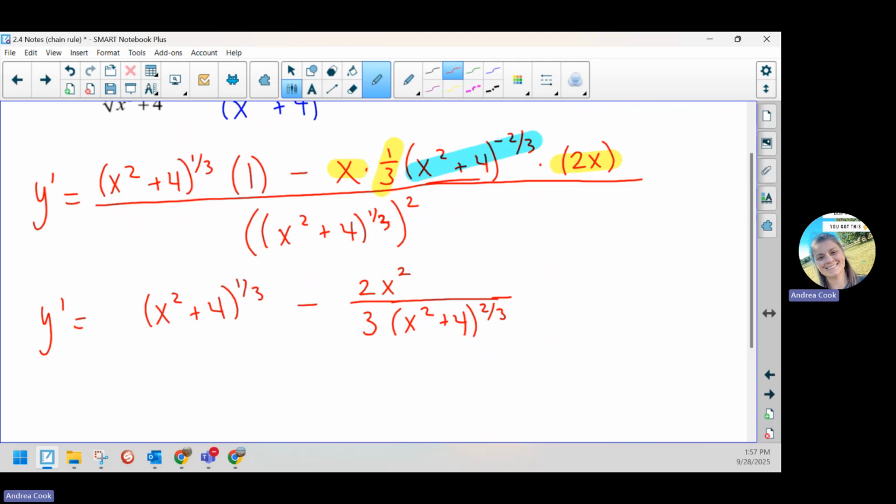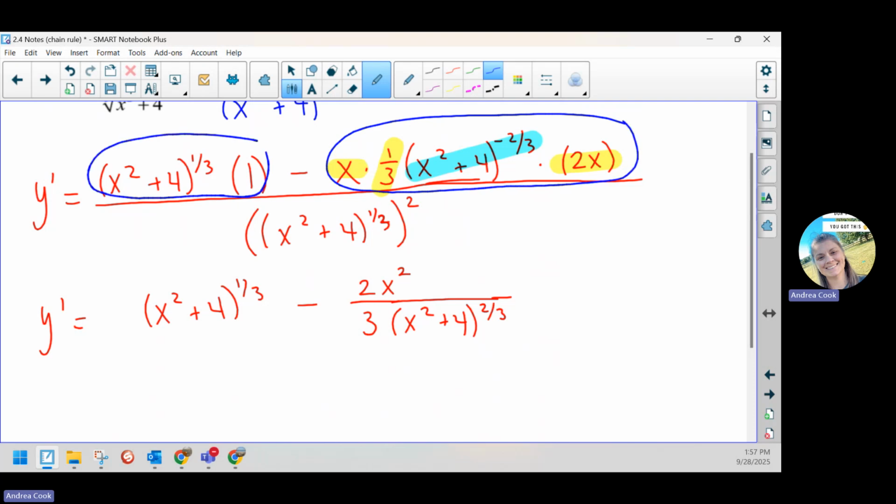Now, this here is one term, and this is another term with a subtraction in between. So this term right here cannot just go down with that bottom. You cannot do that because of this subtraction sign. So we still have this all over low, low.